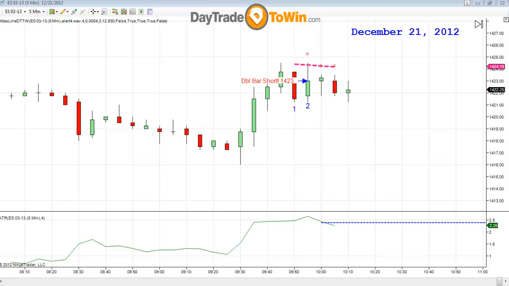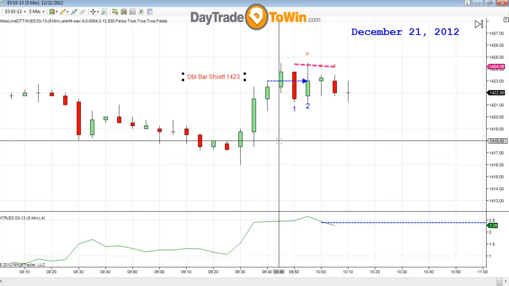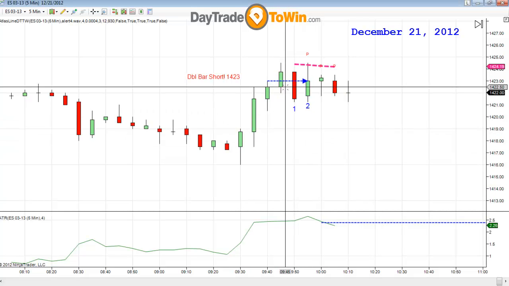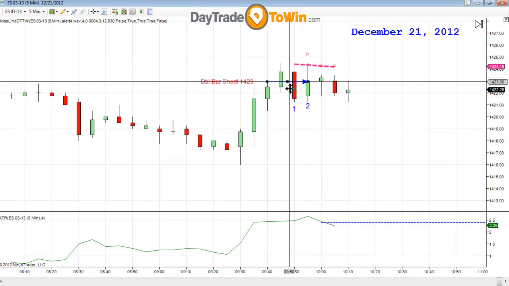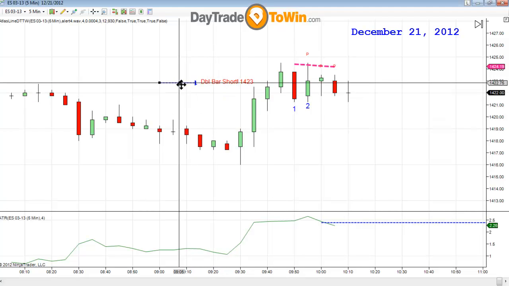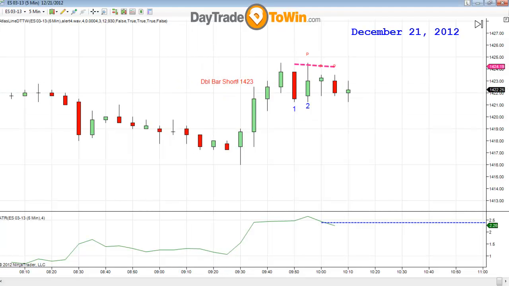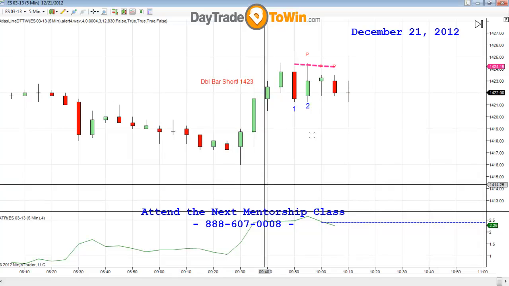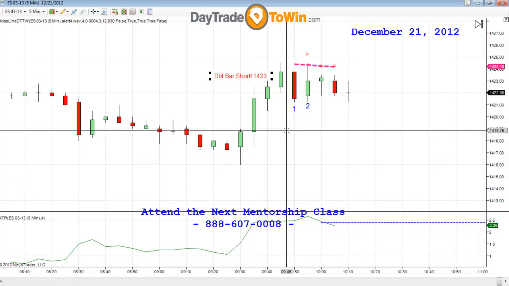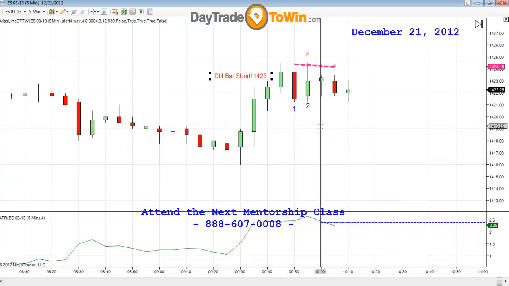Now, the double bar short that you see here, I mentioned it early in the beginning of the webinar. It's very simple to know when this is going to happen. You don't even have to have this occur. You can have, as I do, price telling me and having some proof.